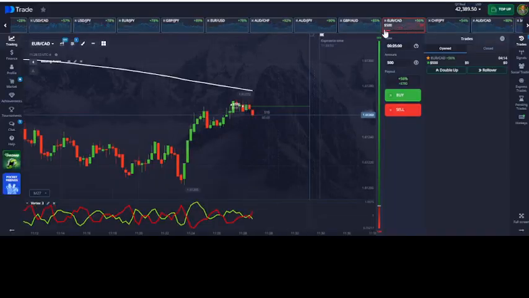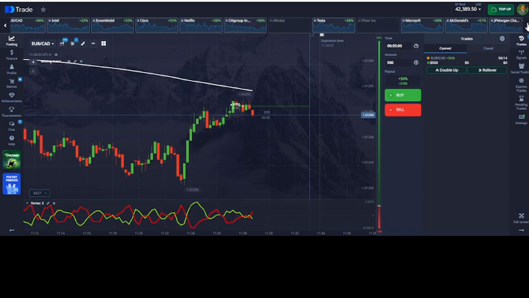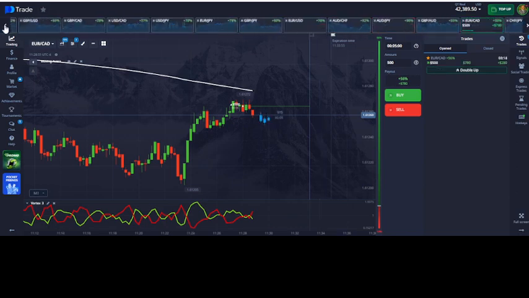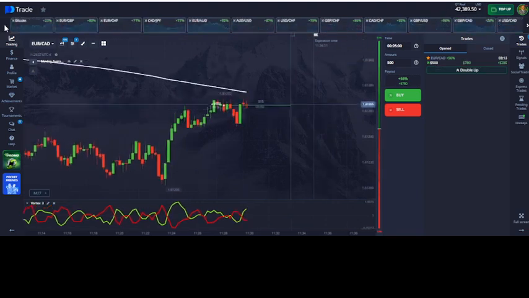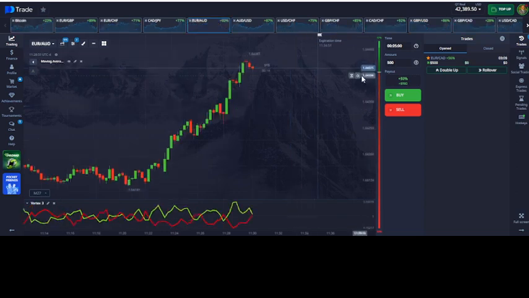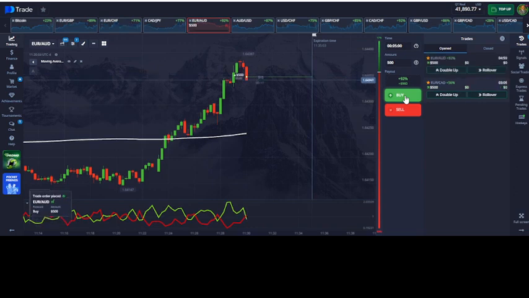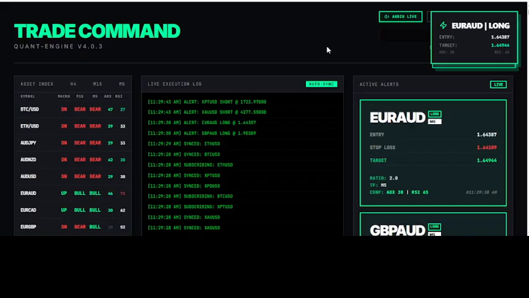So let's find the Euro Aussie dollar. Here's the Euro Aussie dollar. All right, let's go ahead and take a buy trade here. So I just took a buy trade on the Euro Aussie dollar. This is the signal right here.